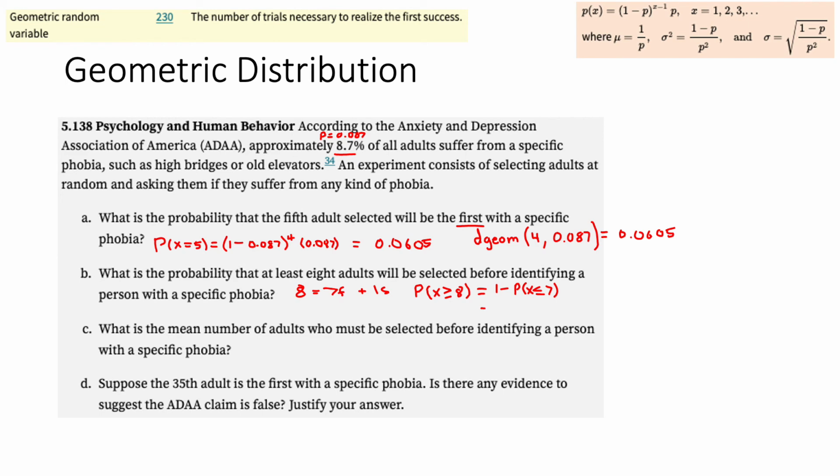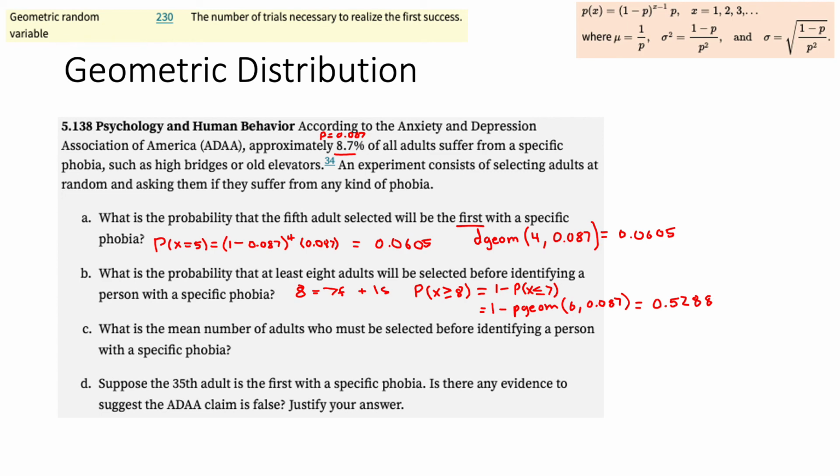So when we put this into our R command, we're going to use pgeom because we want this range, and we're going to put 6 in here, so 6 failures, because this is the area that's not included; we want 7 or more failures based on this question. And we're going to put our probability in, and that will get us 0.5288.